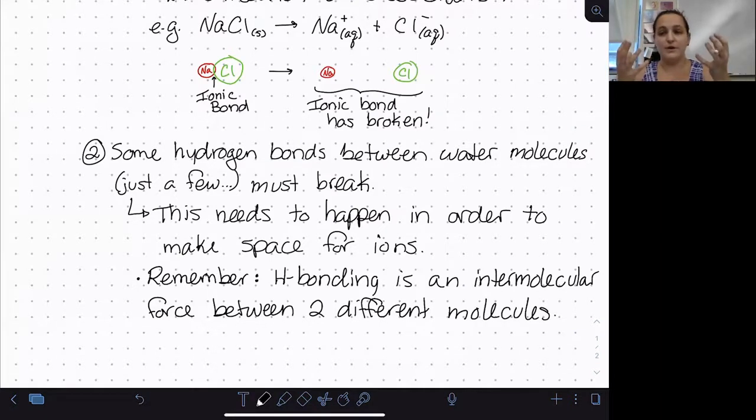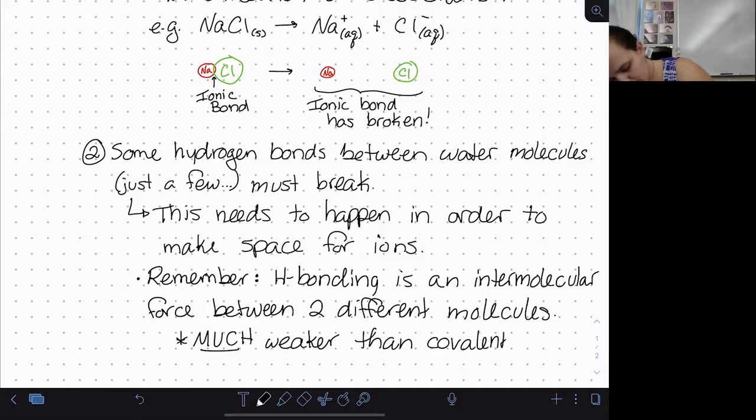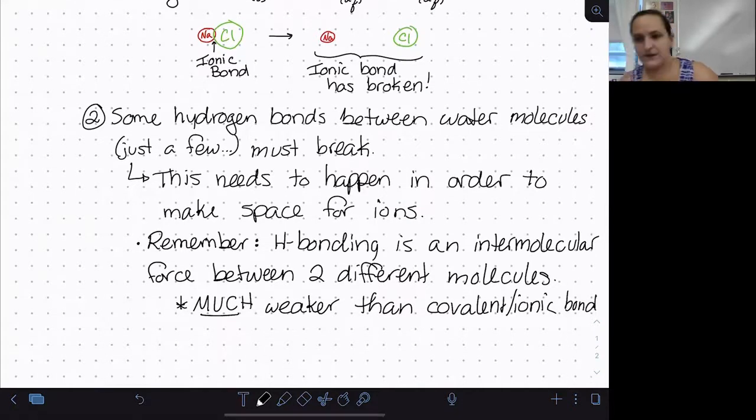So you have two water molecules. They are attracted to one another via hydrogen bonding. So it is important to remember that this is much, much, much weaker than a covalent or an ionic bond. Hydrogen bonds are not really technically bonds. They are an intermolecular force, so the name confuses everyone all the time.